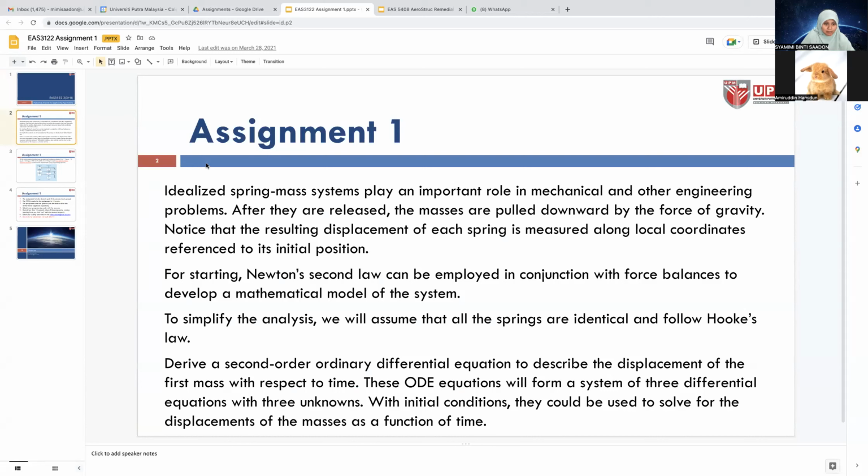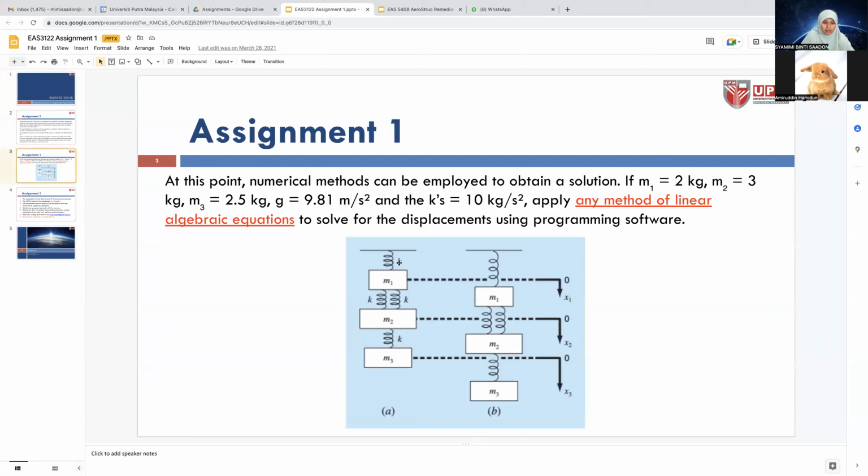Idealized spring mass systems play an important role in mechanical and other engineering problems. At this point, numerical methods can be applied to obtain a solution.